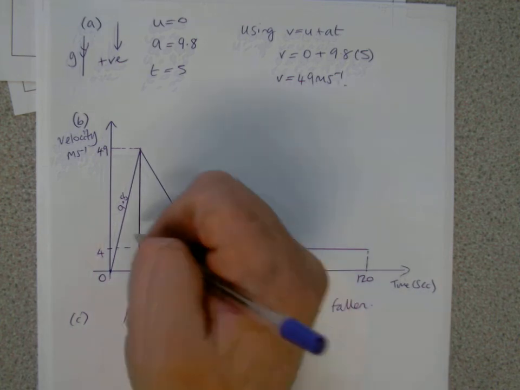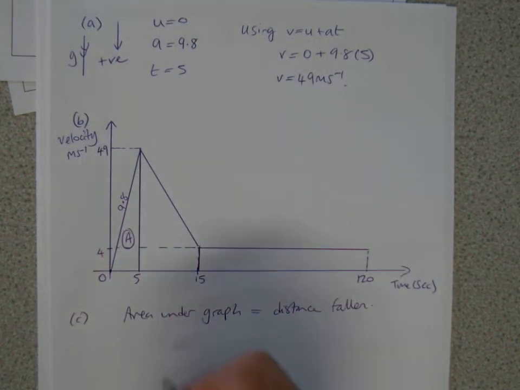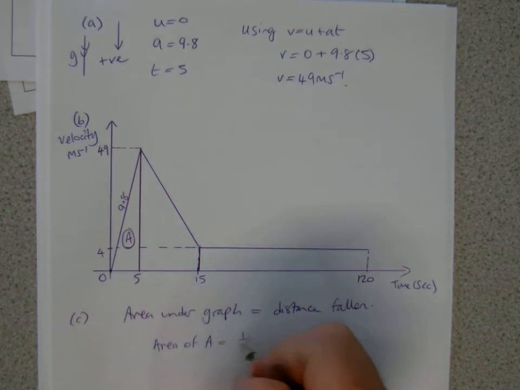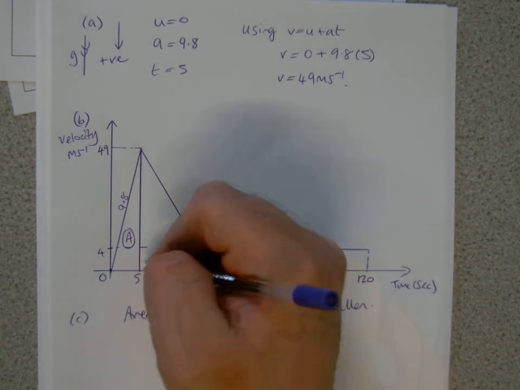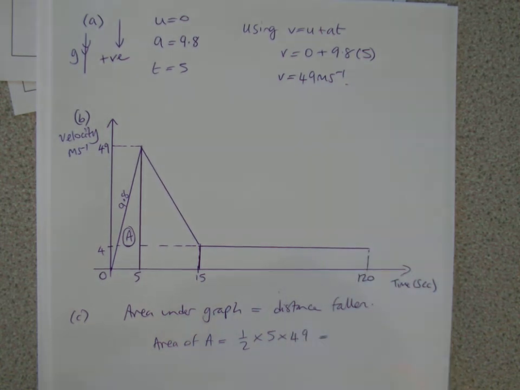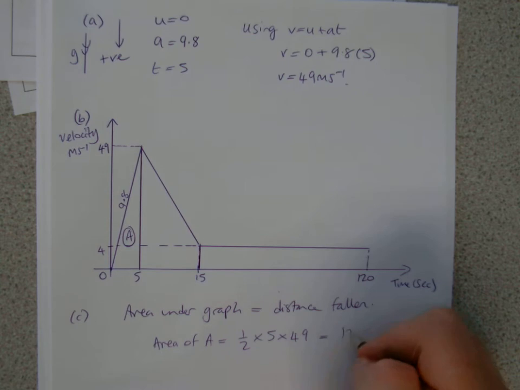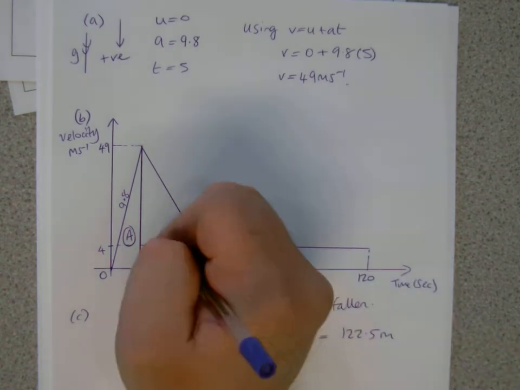So if I call this my shape A, you could see then that's a triangle, can't you? So area of A, triangle, so that's half times base, which is 5, times the height, which is 49. So if I do that on my calculator, I get 122.5 meters.